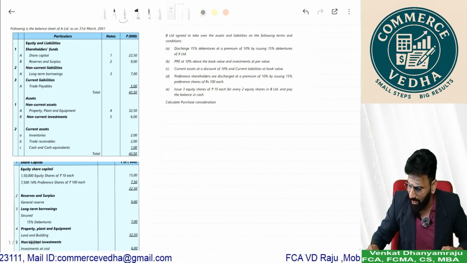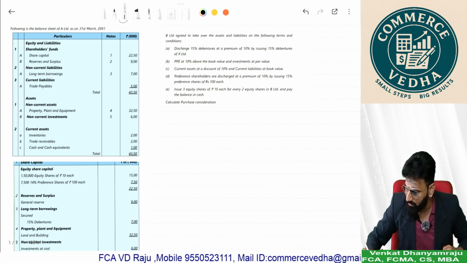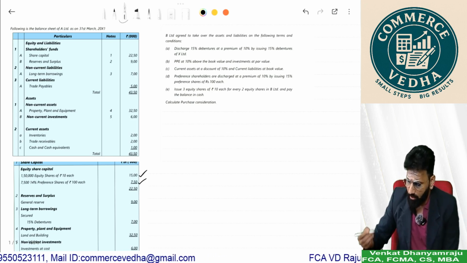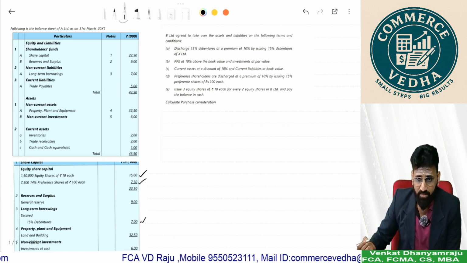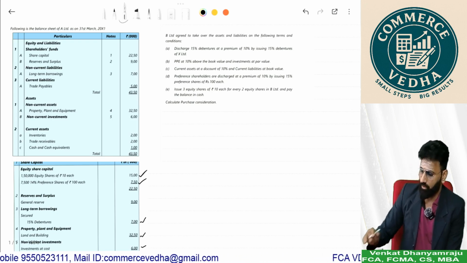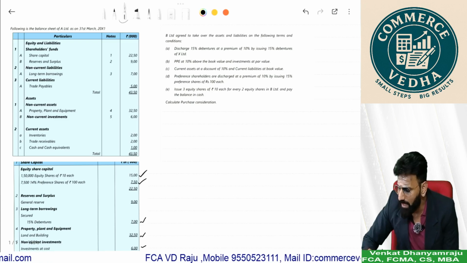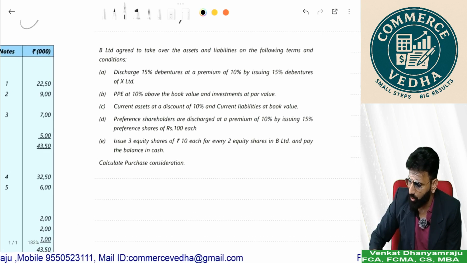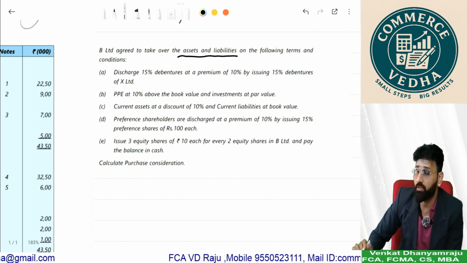When we go into detail, the share capital consists of equity and preference, long-term borrowings consist of debentures, and fixed assets PPE consists of land and building and investments. So this is the overall question, and what it says is that B Limited agreed to take over the assets and liabilities on the following terms and conditions.